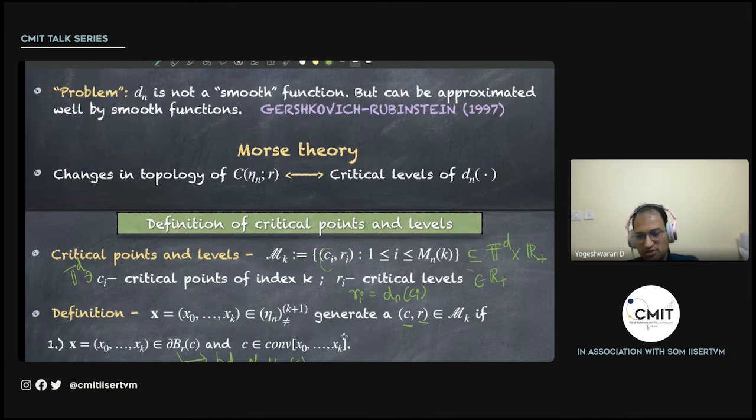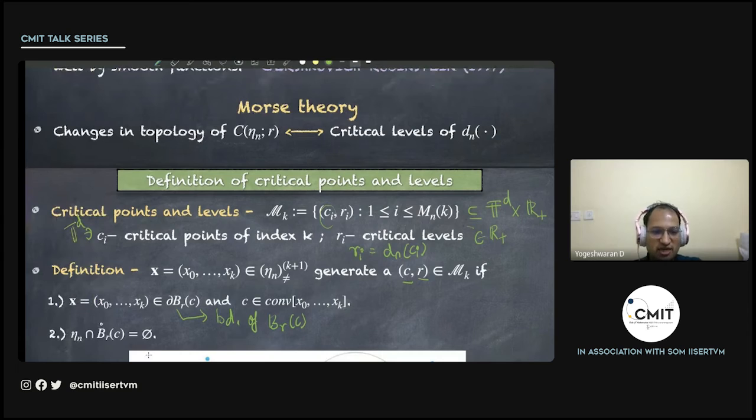What about the second condition? There should be no other point of the point process in the open ball. B_R is a closed ball, this is the interior. So there should be no other data point within the interior.